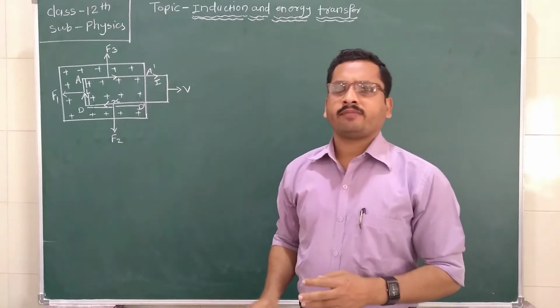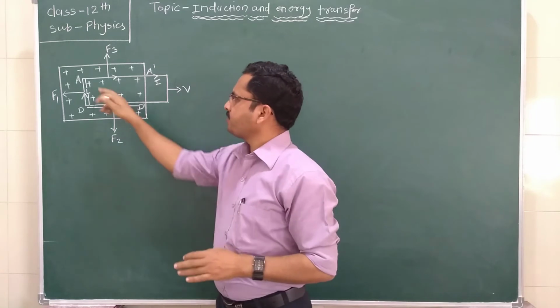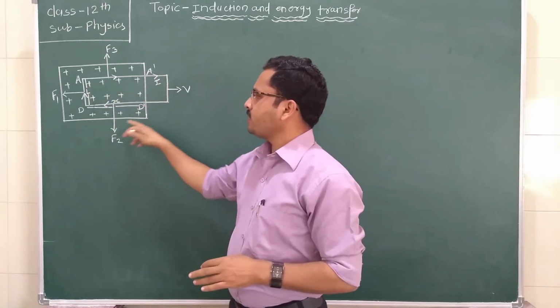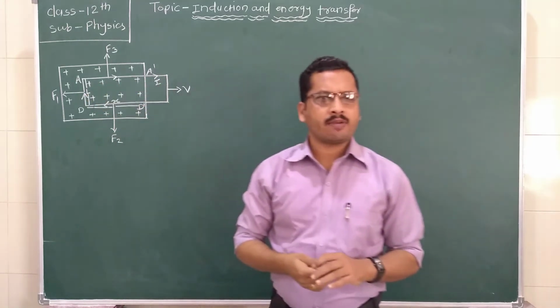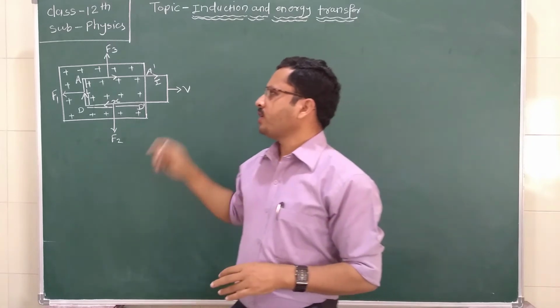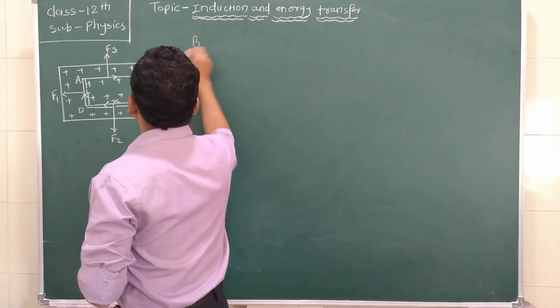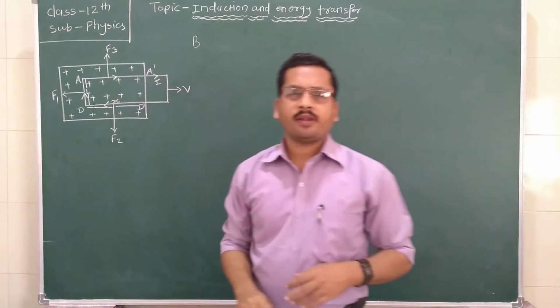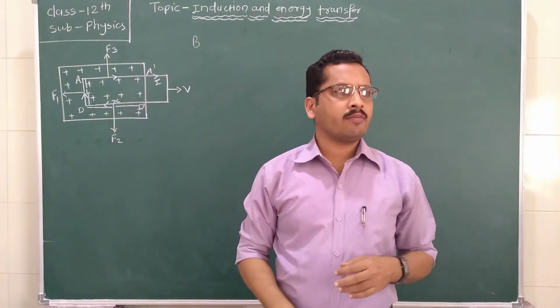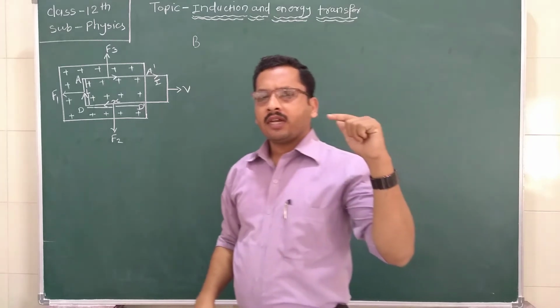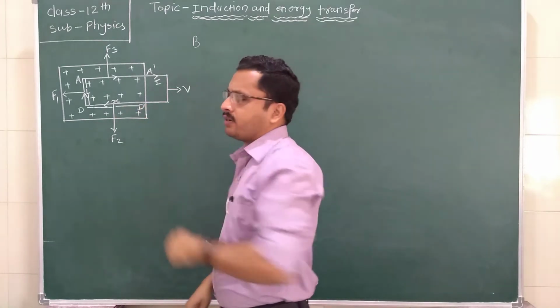For that, consider a loop which is placed inside a magnetic field of induction B. The direction of the magnetic field is pointed inside the board.